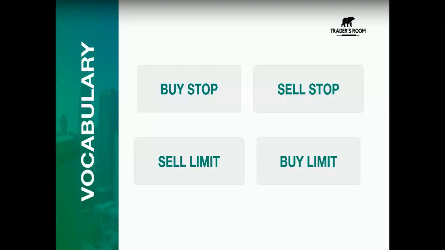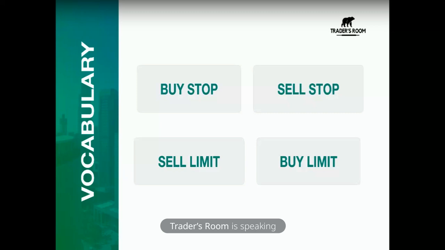So from 500 to 2,500. You take 500, subtract it from 2,500. You divide that by 0.001, and that's going to give you your pip value.